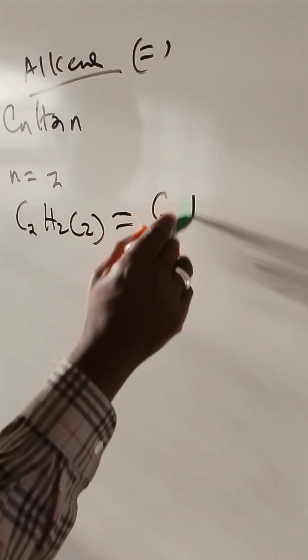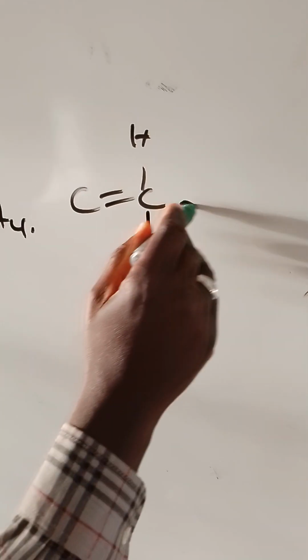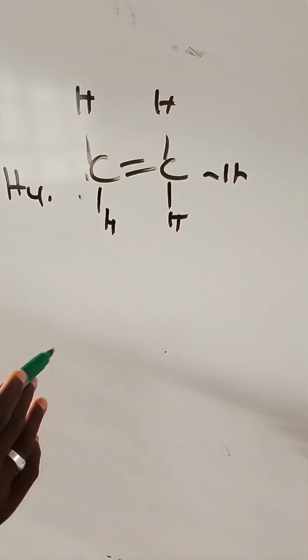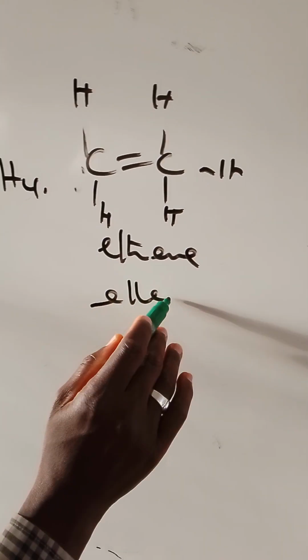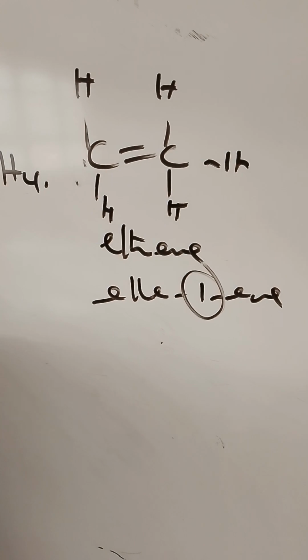C2, H2 times 2, so you have C2H4, and if you draw it, you discover that it's complete. H, H, H, H. This one is called ethene, or you say ethene with a 1 in it. That 1 is indicating the position of the double bond, as the case may be.